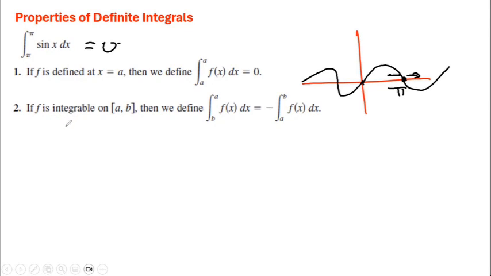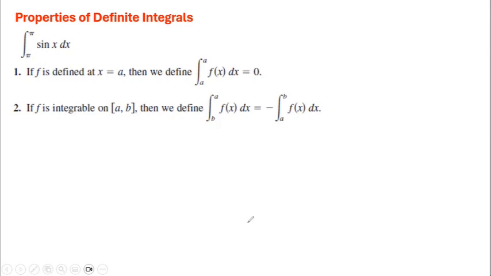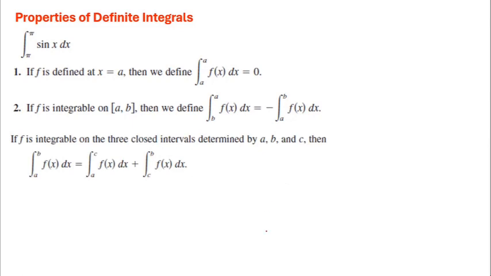Another property: if we have an integrable function on an interval, the integral from b to a is negative the integral from a to b, so long as it's an integrable function. And then we have the property that we can split the integral from a to b via any point inside this interval, so long as this function is integrable.